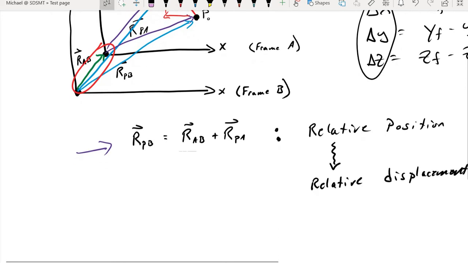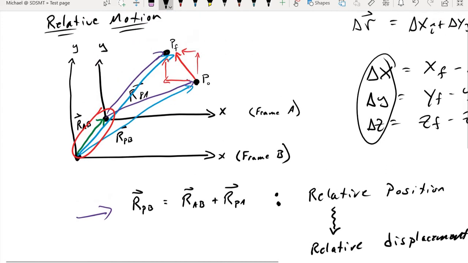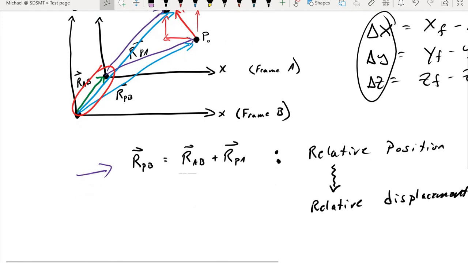So what we can do to sort of fast forward is we can say that our point P has displaced itself through space, and we can measure that displacement from the B reference frame. But that same point has displaced itself in the A reference frame.